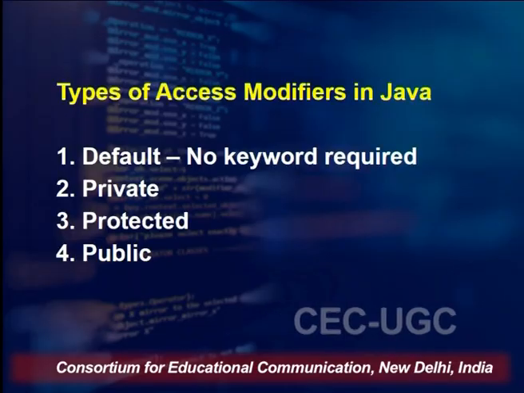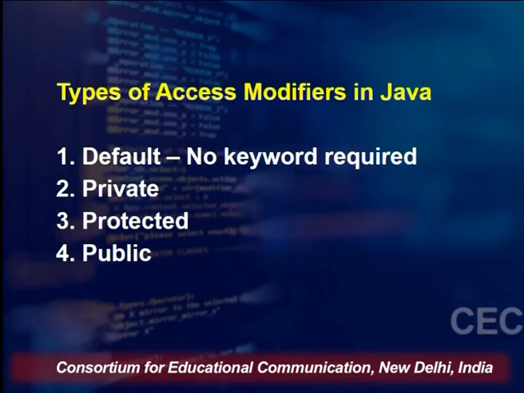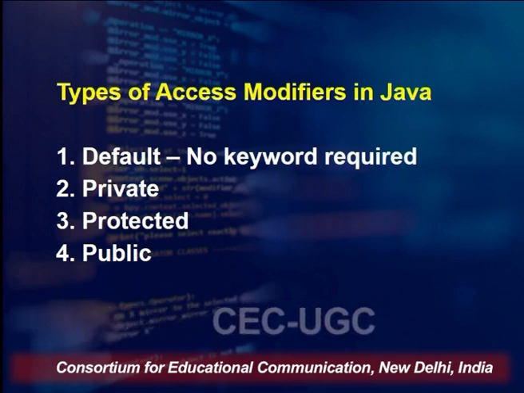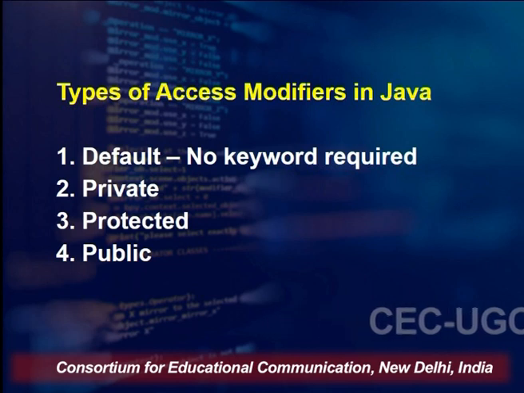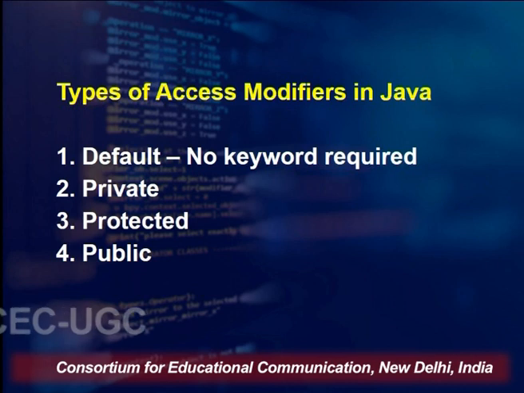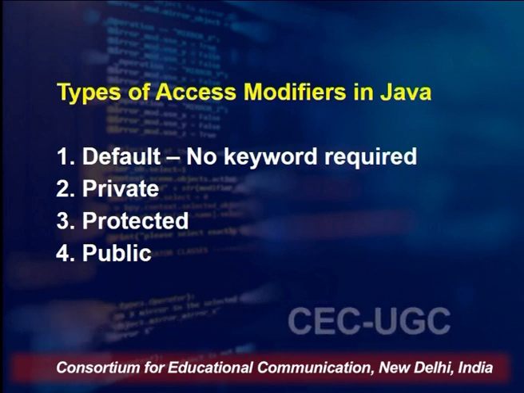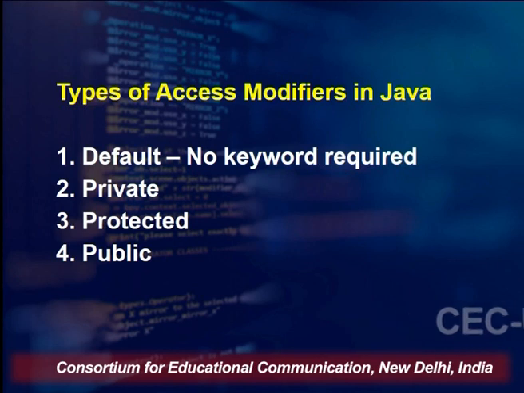So, what are the types of access modifiers available in Java? We actually have four types of access modifiers. One is default, for which we do not require any keyword. If we have not mentioned any access modifier with a member, that means we have the default access modifier.